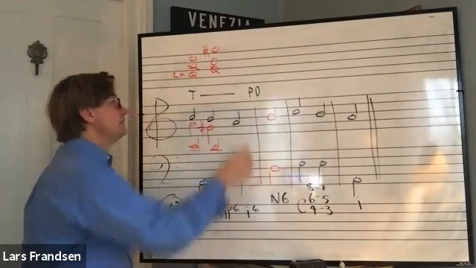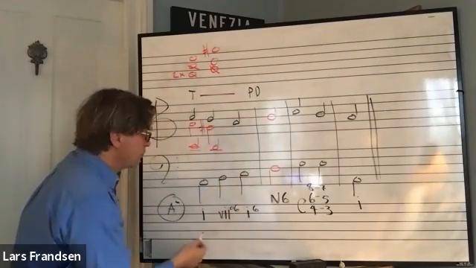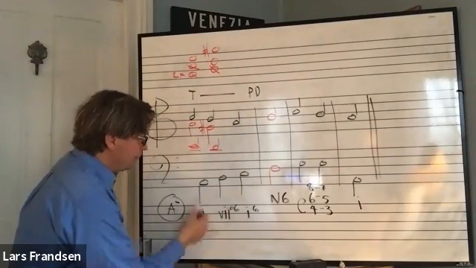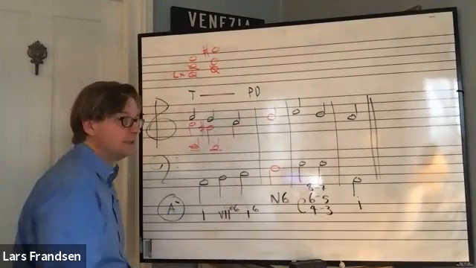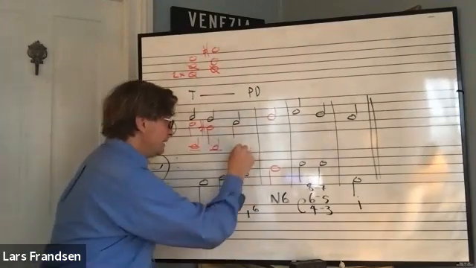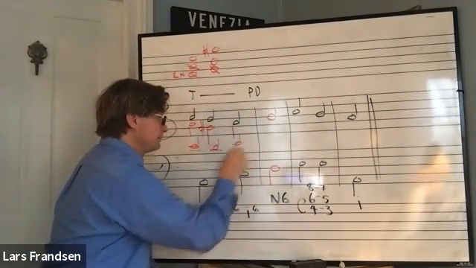And the rule of thumb is in root position, double the bass. In first inversion, double the soprano. And then fill in the missing link here, like that.